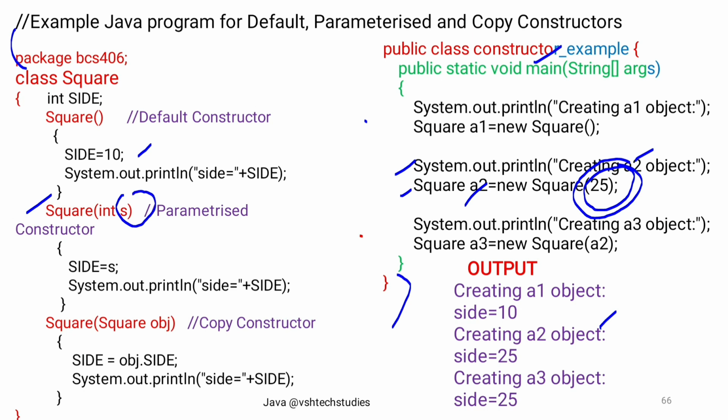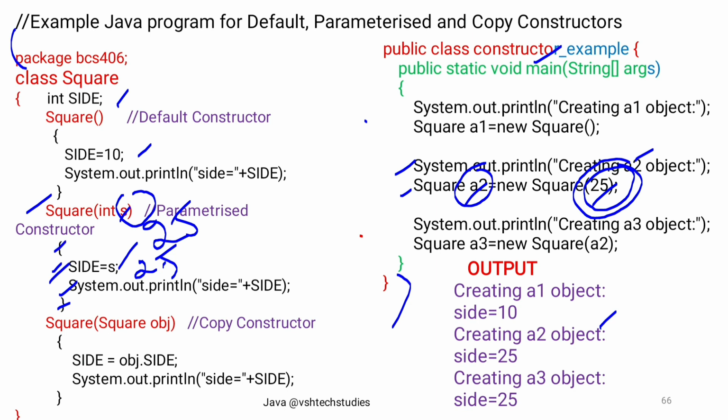So in the constructor, side of the a2 object is initialized with the s value. So what is the s value here? This 25 is passed. So it is 25. So hence side is also made 25. Okay. So the next line in the constructor also gets executed, because the end of the constructor is here, begin is here.